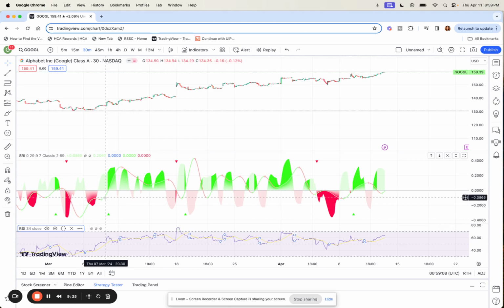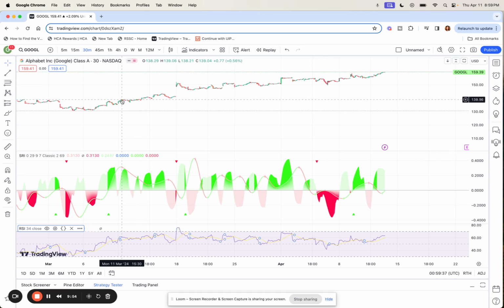And let's say you were already in this trade, and with it taking a little dip from here on the RSI, you wouldn't be shaken out of your trade if you had a stop loss at a lower range. So you'd be able to stay in your trade all the way to the top here at this point.